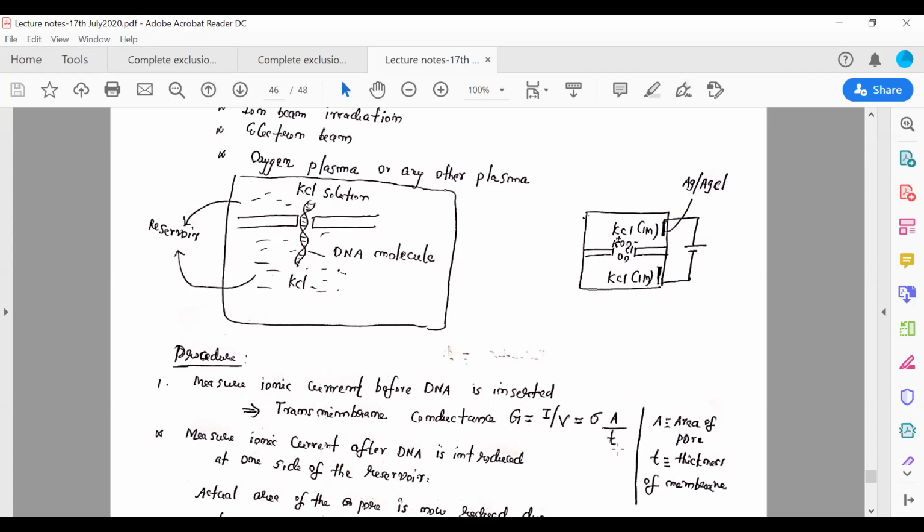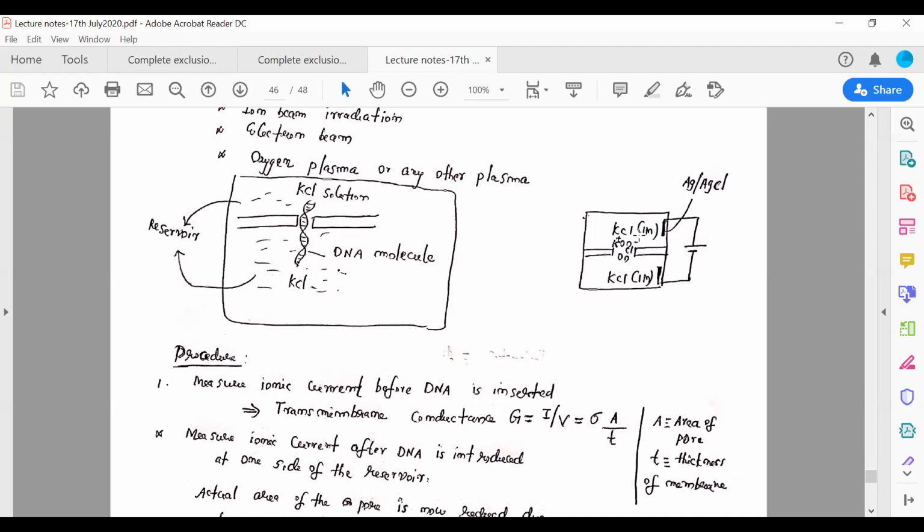But in the case of carbon nanotube, the thickness is nothing but length, which is microns or millimeters. So that is the advantage of nanopore, that you can measure the conductance of even a single nanopore.